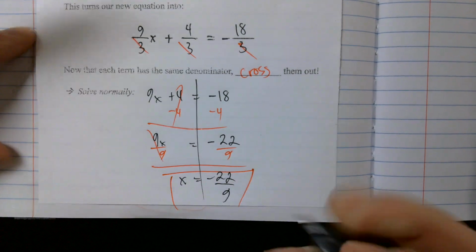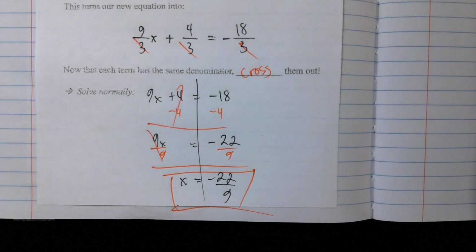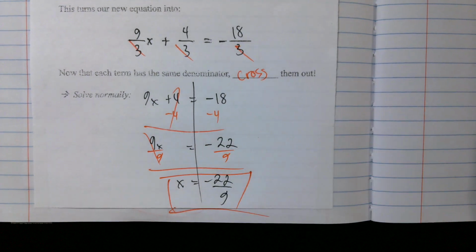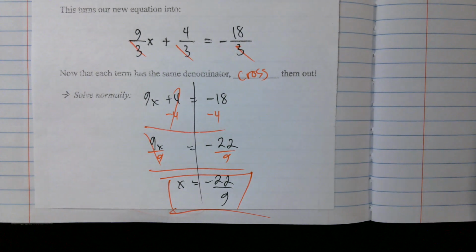Negative 22 over 9. Here's our answer. Not a pretty answer, but it's our answer. Negative 22 over 9. Good.